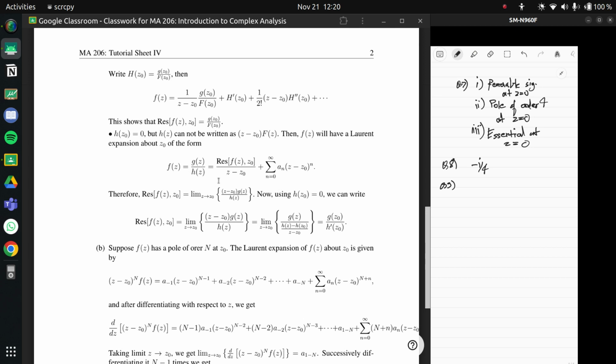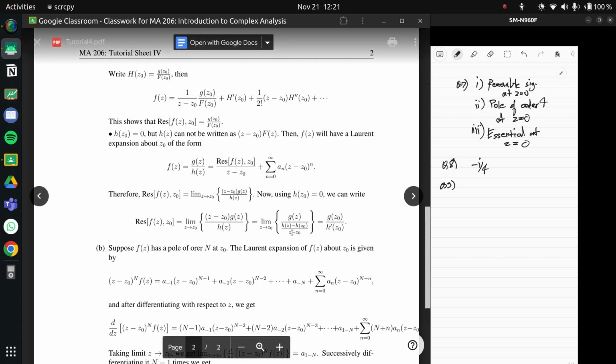Now using h of z naught not equal to 0, you can write, okay, fine by me, this makes sense. Right, so for a pole of order 1 you can always do this sort of thing.